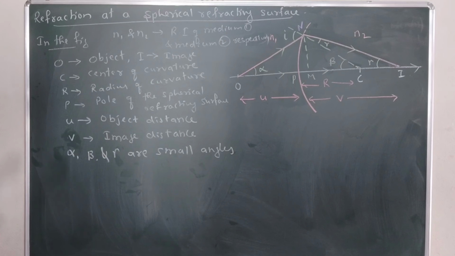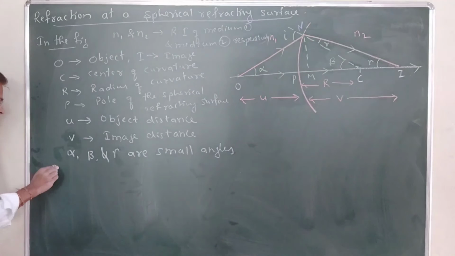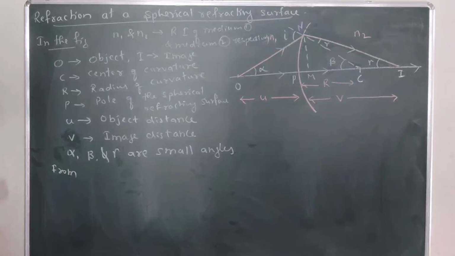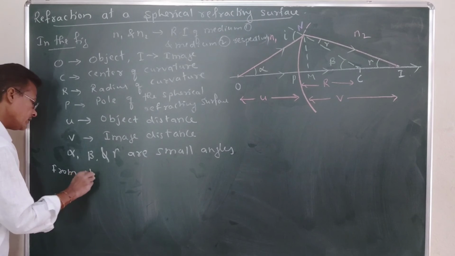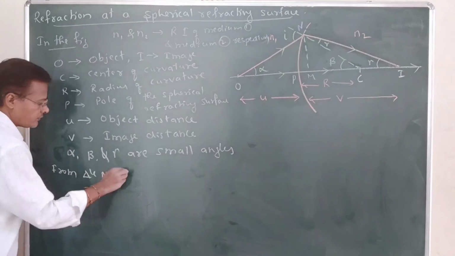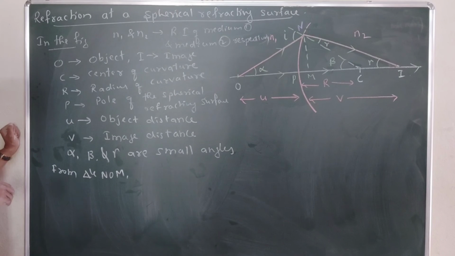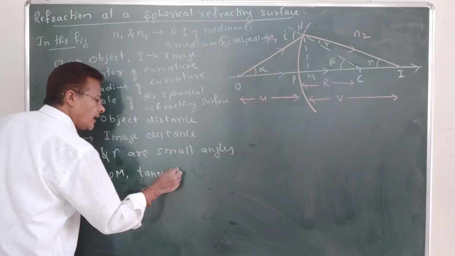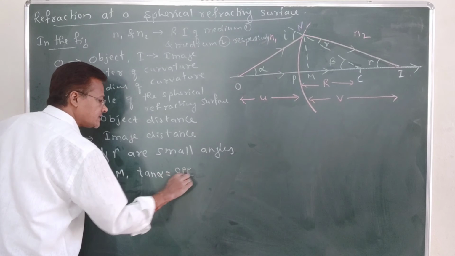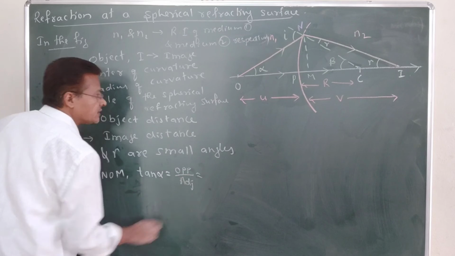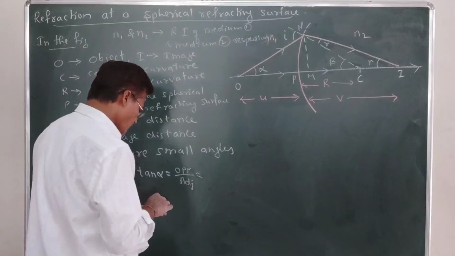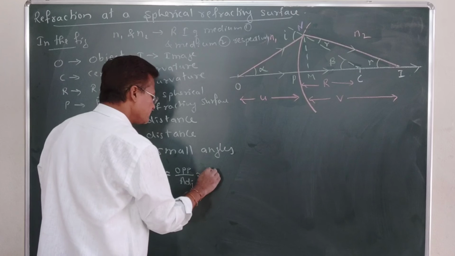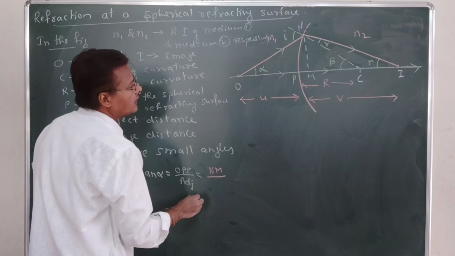Now we calculate alpha, beta and gamma. From triangle NOM, tan alpha equals opposite divided by adjacent, that is NM divided by OM.